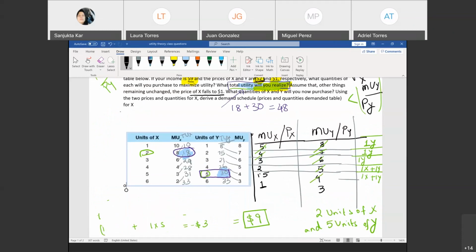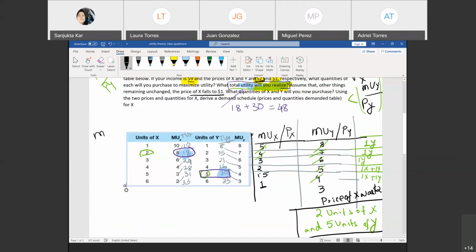Let's see what's the new stuff that I got to do, because I really want to do this part before letting you all go. So this was what we had before. The price of X was $2. Now the price of X is $1. So I'm going to divide marginal utility of X over price of X, which is $1 here. So instead of 5, 4, 3, 1.5 and 1, this is going to be 10.